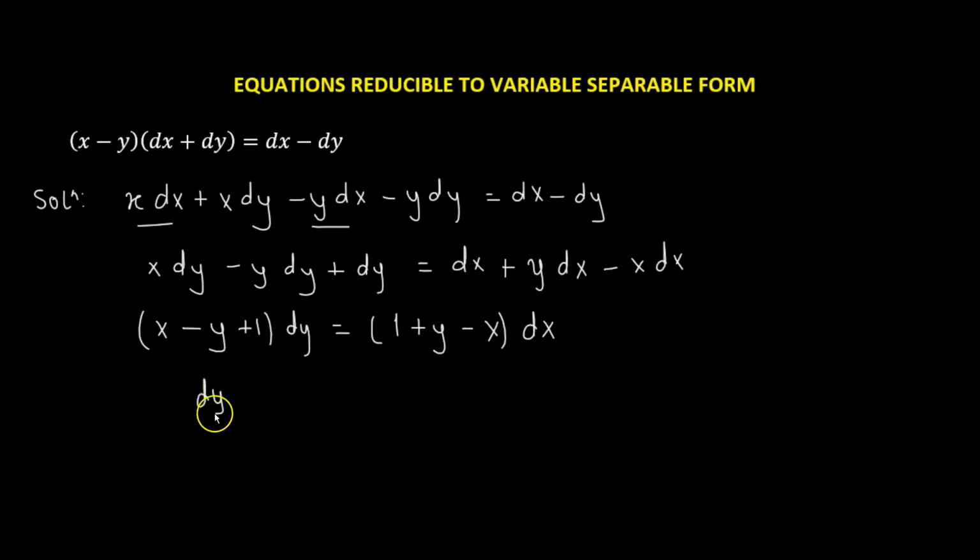Separating the differentials, we have dy/dx = (1 + y - x)/(x - y + 1). So it is quite clear that we cannot separate the variables. We need to do a little bit of manipulation here.